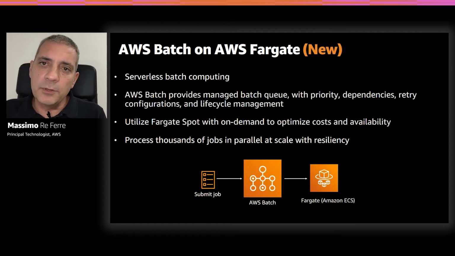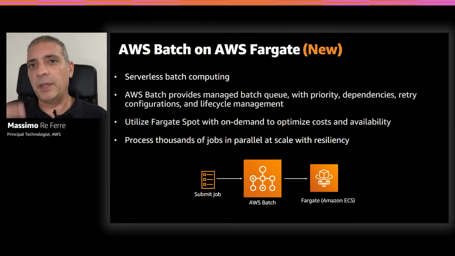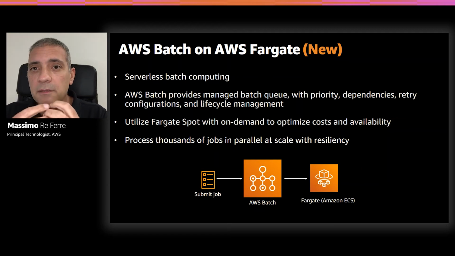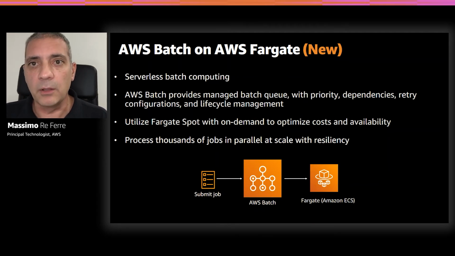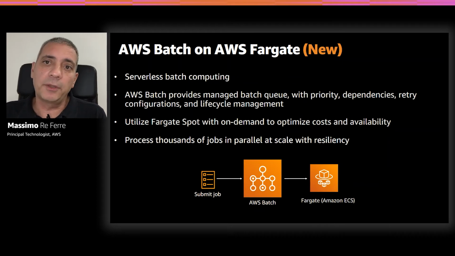So instead of using EventBridge and Step Functions to create that programming logic to schedule your batch jobs, AWS Batch takes over a lot of that complexity and a lot of that flexibility, if you will, and it allows you to create even more sophisticated logic, and it allows you to scale even more.